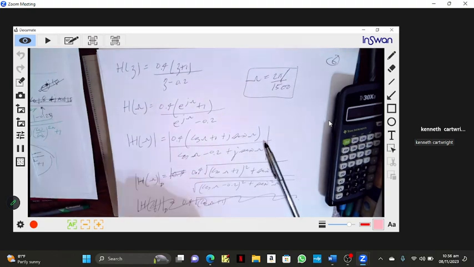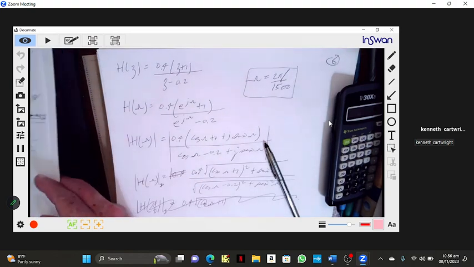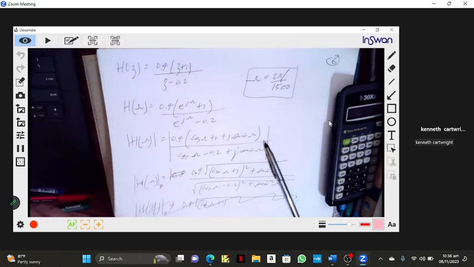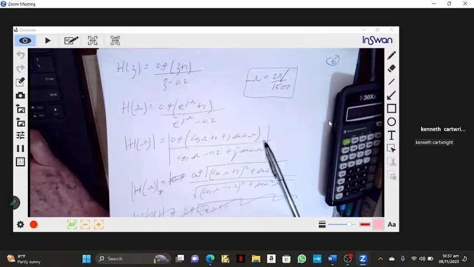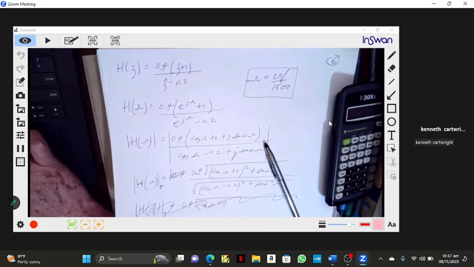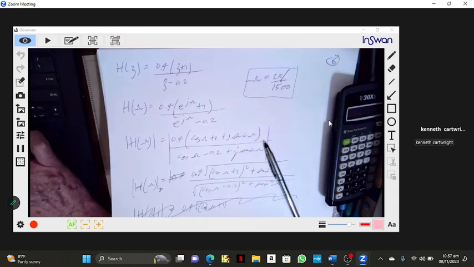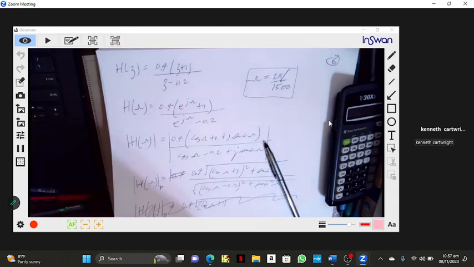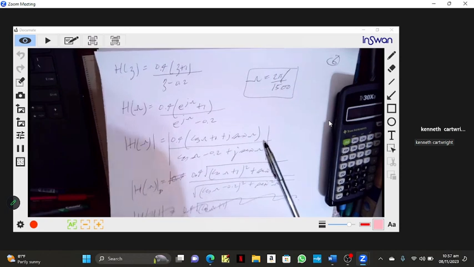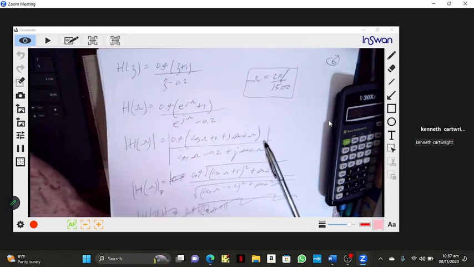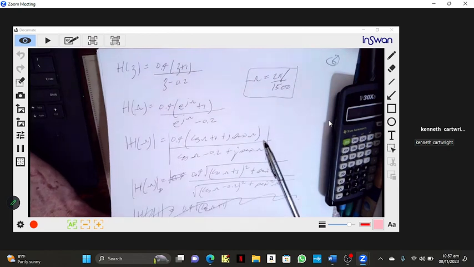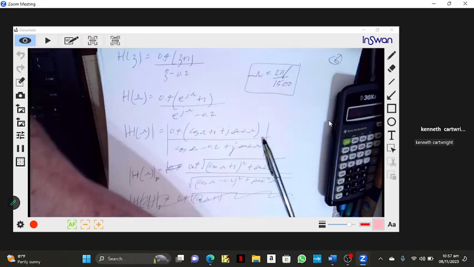Let's do that in Octave real quick. I'm running out of time here, but anyway. Edit bilinear transform.